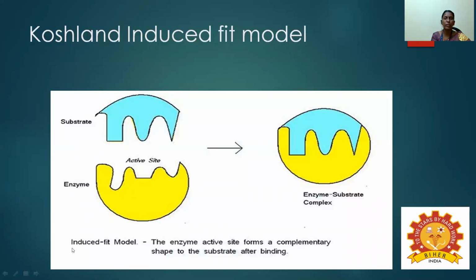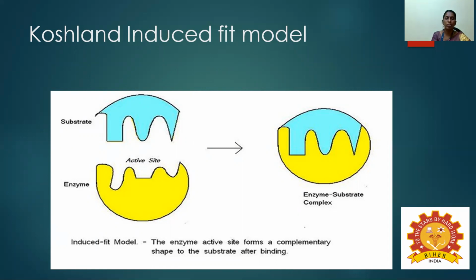And the next model is called the Koshland induced fit model. What does this induced fit model mean? This model brings about the action via changes in the shape, the conformation, of the enzyme molecules.